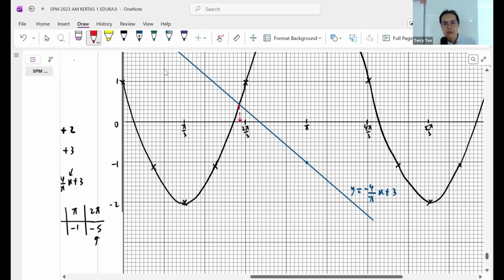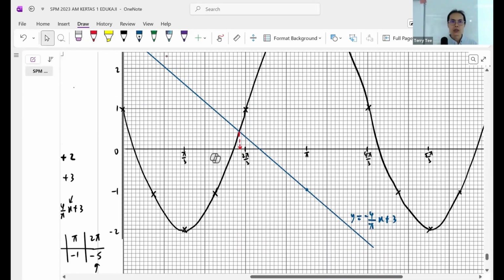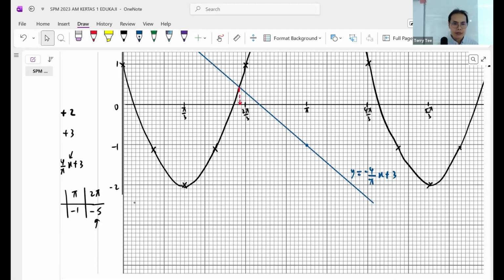So what we can do is like this. We know that 15 small boxes are equivalent to pi over 3. Isn't it? This is 15 and 1 half. So one box is pi over 15 times 3, 45. So you want to find the x value.